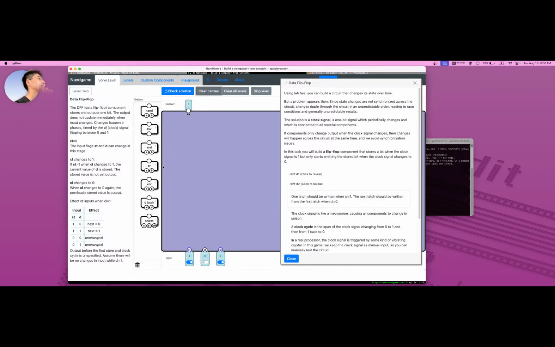Okay. We have 2 latches. One latch should be written when clock is 0. This is written only when the ST is 1, based on the clock. Look, when we have a D, right? When it is 0, we cannot change the state. And when it is 1, we can change the state. Okay, yes.